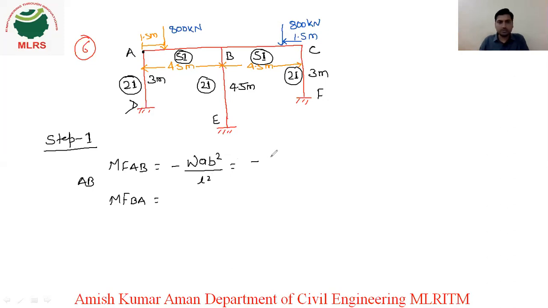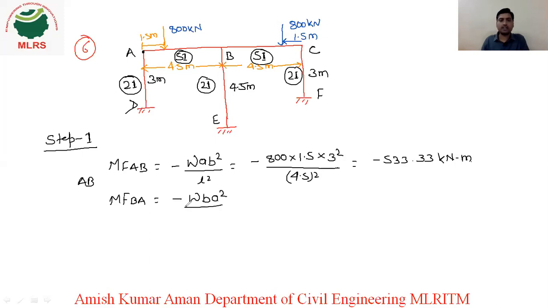So minus W is 800 kilonewton, into a is 1.5 meter, into b: total is 4.5, so 1.5 here, remaining will be 3 meters, 3 squared, upon L, which is 4.5, whole squared. When you calculate this, you get minus 533.33 kilonewton meter. Now coming to MFBA, again the same formula, minus W, but it will be b a squared upon L squared.